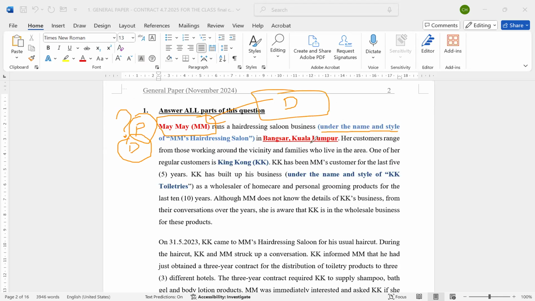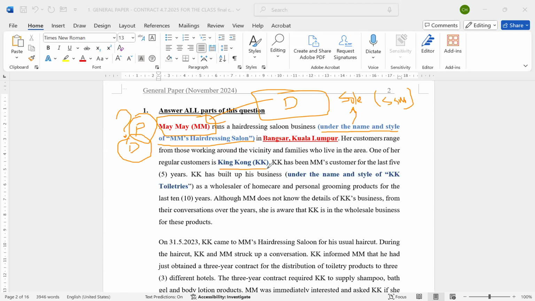So this is under the name and style of MM's hairdressing salon. Meaning what? She is a sole proprietor. Okay, sole proprietor registered under SSM. Okay, berniaga atas nama dan gaya MM's hairdressing salon. So this is MM's legal capacity.